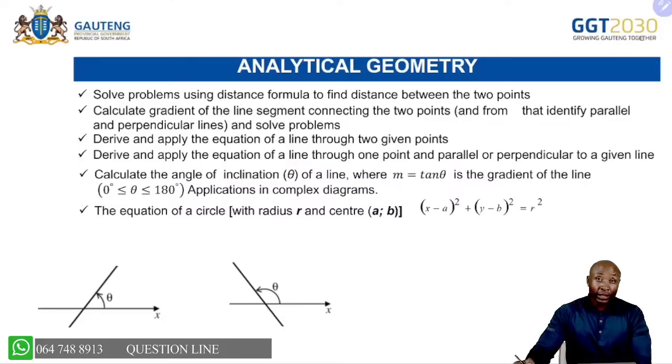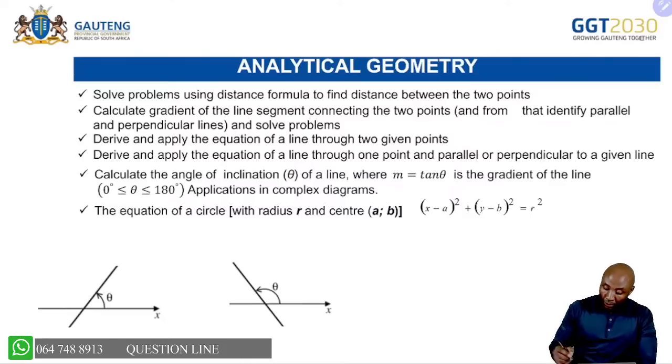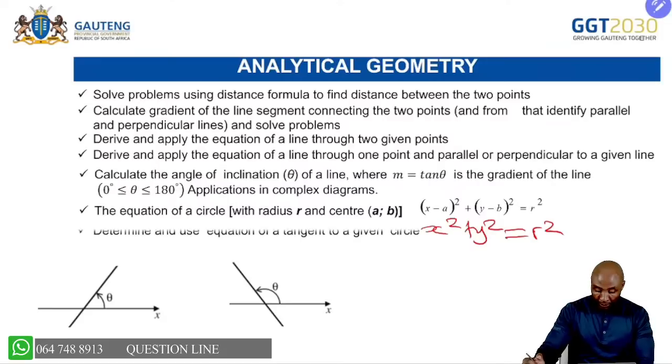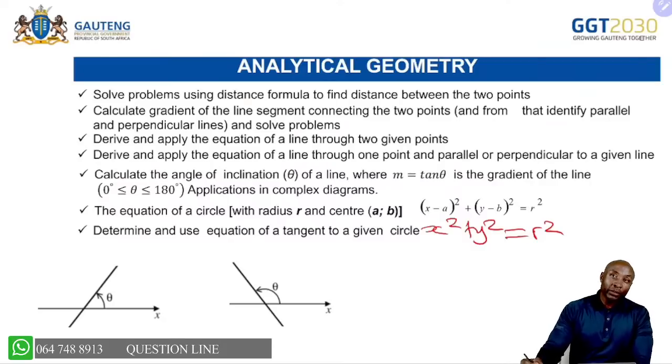We have also the equation of a circle, radius r, center (a, b), and remember also we can be given the equation of a circle, x squared plus y squared is equal to r squared. We know that one, our radius is r and the center is at the origin. Now, we should also be able to determine the equation of a tangent to a circle.